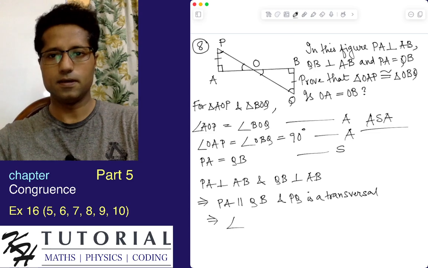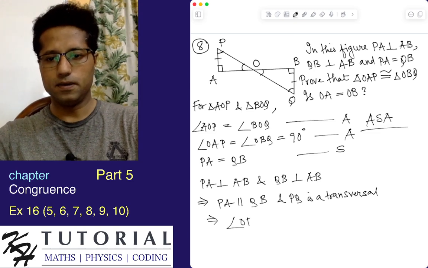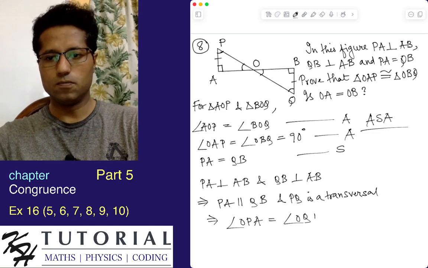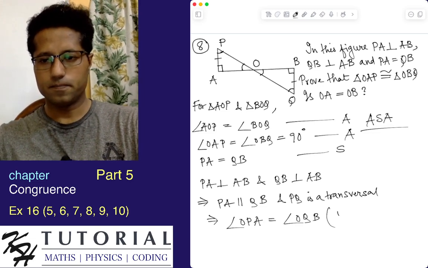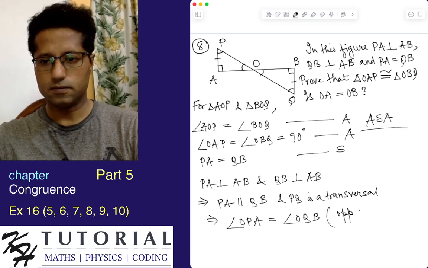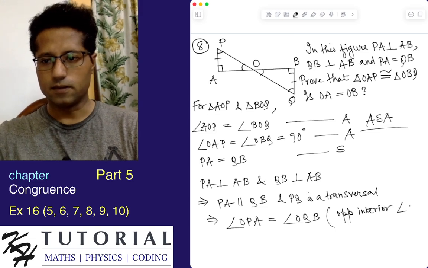So this will imply the alternate interior angles will be equal. So angle OPA should be equal to angle OQB, as they are alternate interior angles.